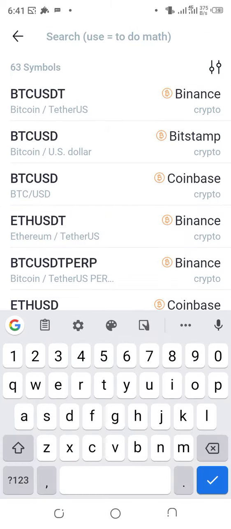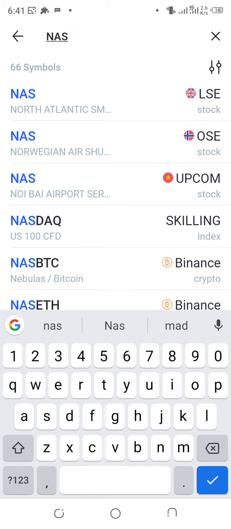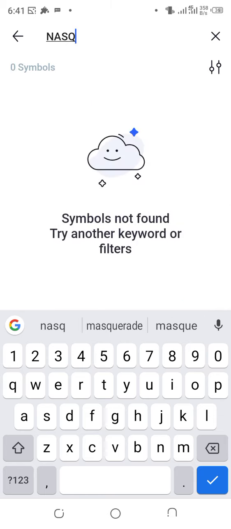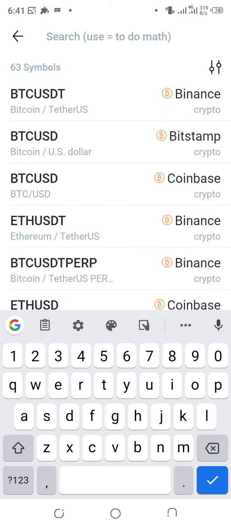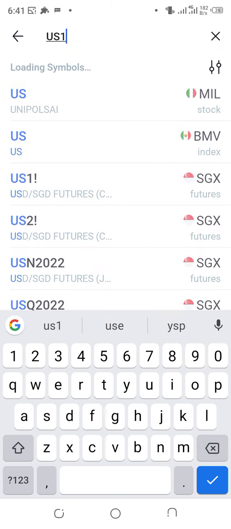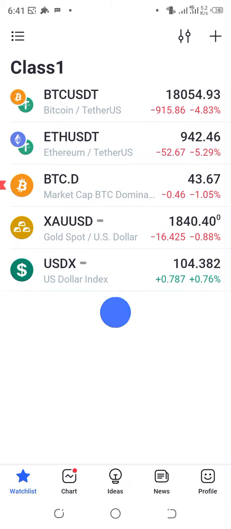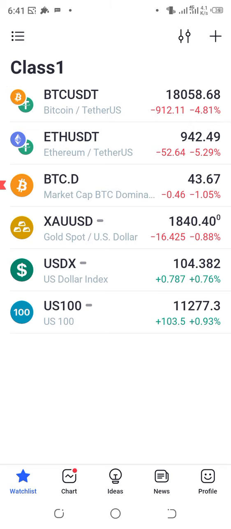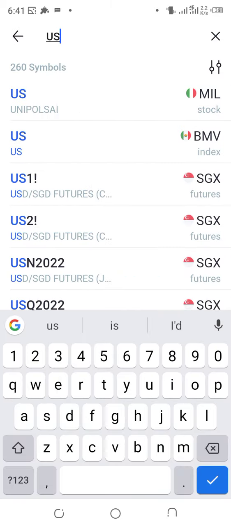And sometimes I like trading Nasdaq, though there are different pairs you can trade, but this is just how to. Or you can say US 100. Sorry, US 100.